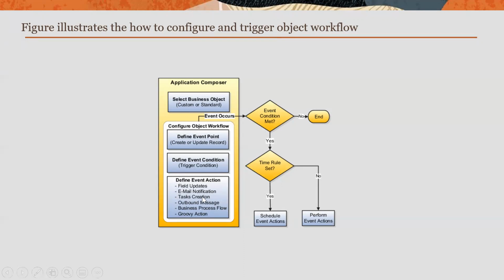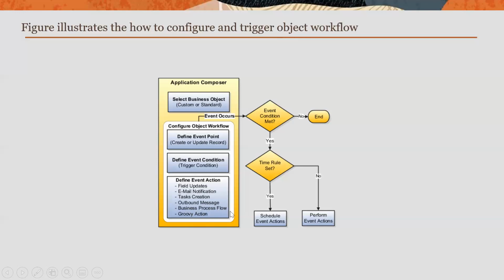For email notification, we can send a notification to the opportunity owner or someone else. Then task creation, which is activity creation, so we can create activities after some condition is met. Then outbound message, which is for calling an external integration. We can just specify a URL, and then the outbound message will be called.